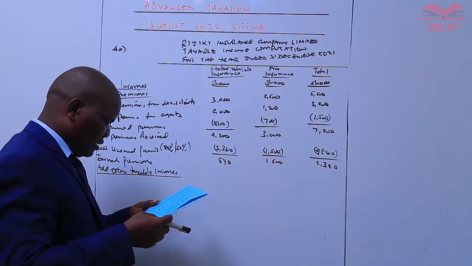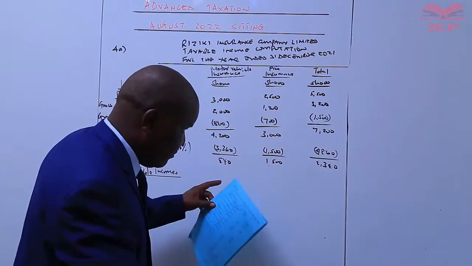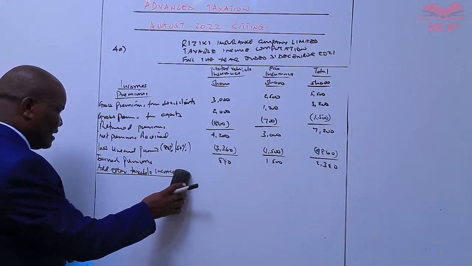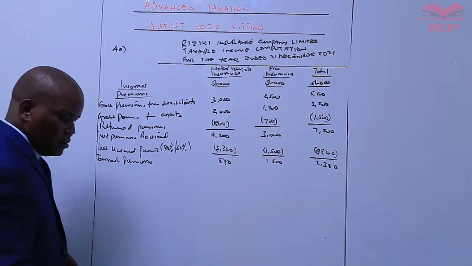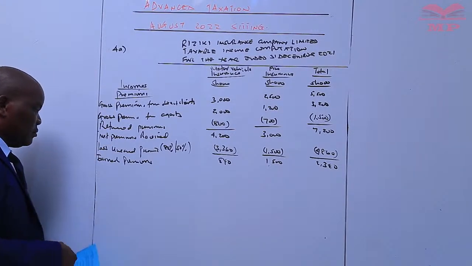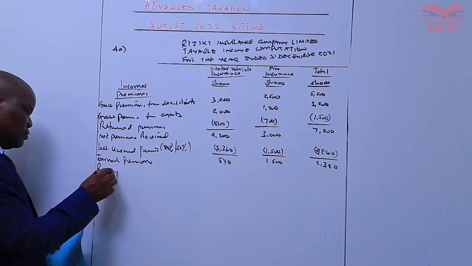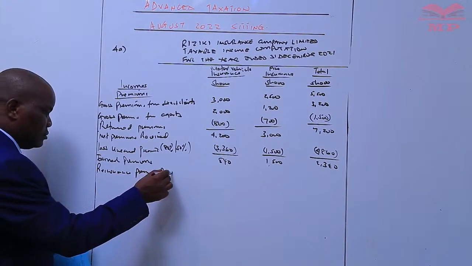We have what they are calling reinsurance premiums paid. That is, insurance premiums paid by this company to a reinsurance company. So we should deduct that so that we have what we call net premiums. So we say reinsurance premiums paid.